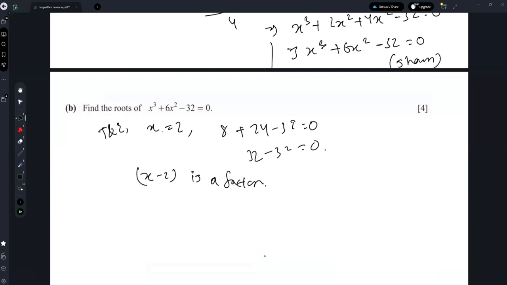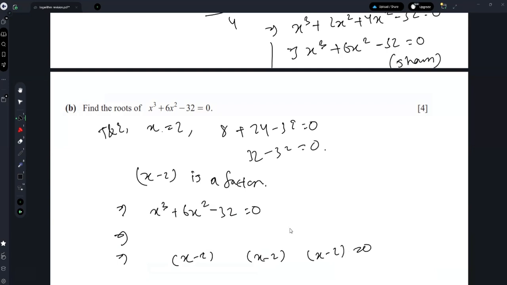Now, either you can use the long division method or you can use the factorization method. I'm going to use the factorization method, which involves the case where you have to gap one line so that you can deal with the distributions here.